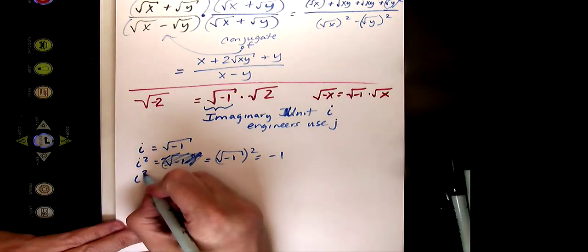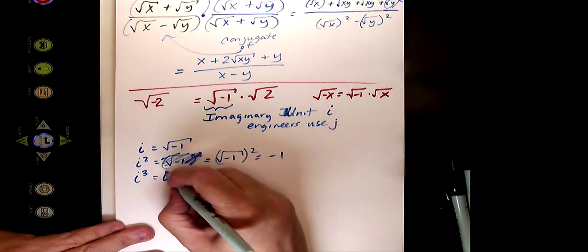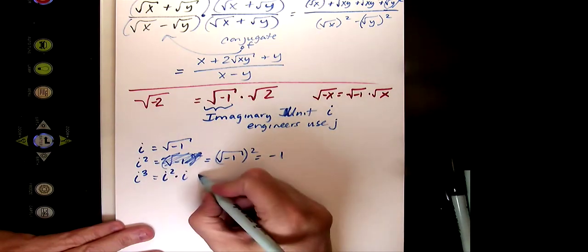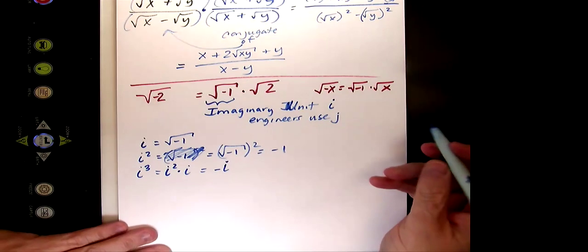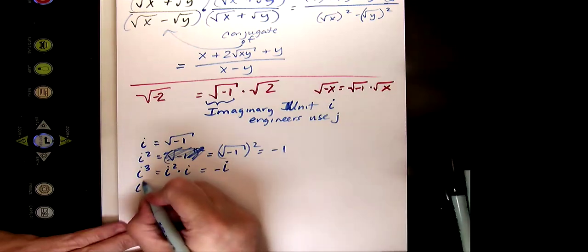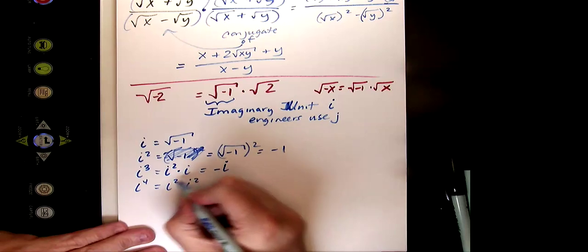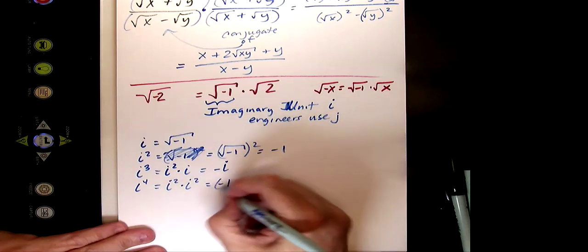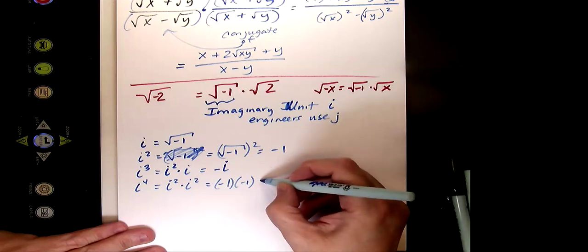Then we do i cubed. This is i squared times i. So we have -1 times i, or negative i. And then i to the fourth is i squared times i squared. -1 times -1. It's +1.